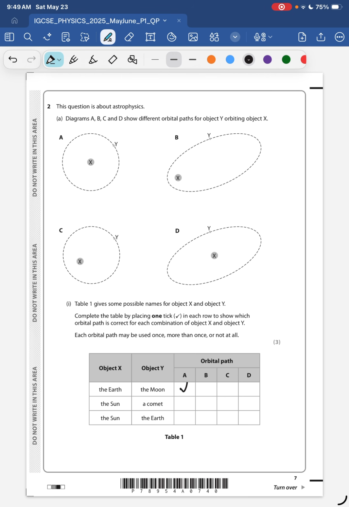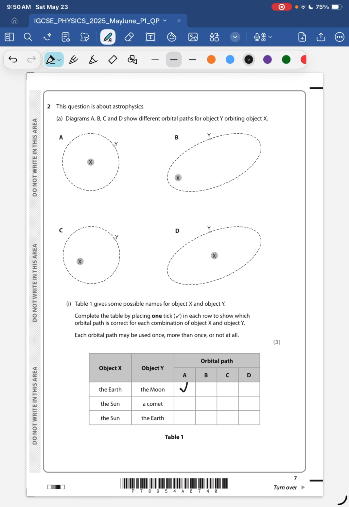Now, object X and object Y are the Sun and a comet. So a comet goes really close to the Sun, where it travels really fast, and then it goes really, really far out. So it can even reach like the farthest objects. Is it called the Kuiper belt?